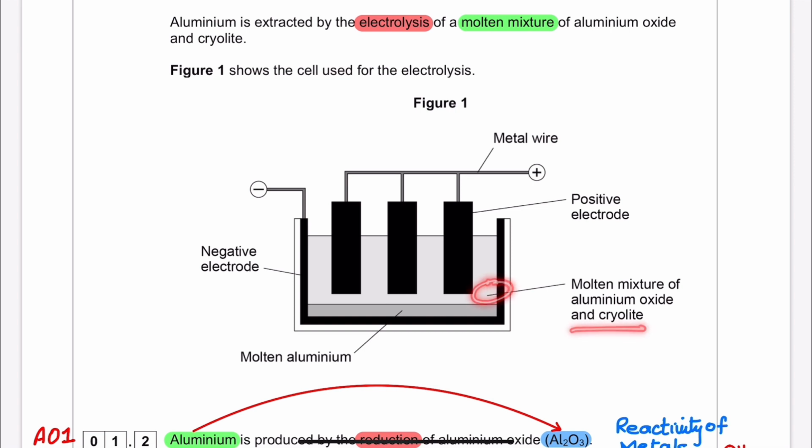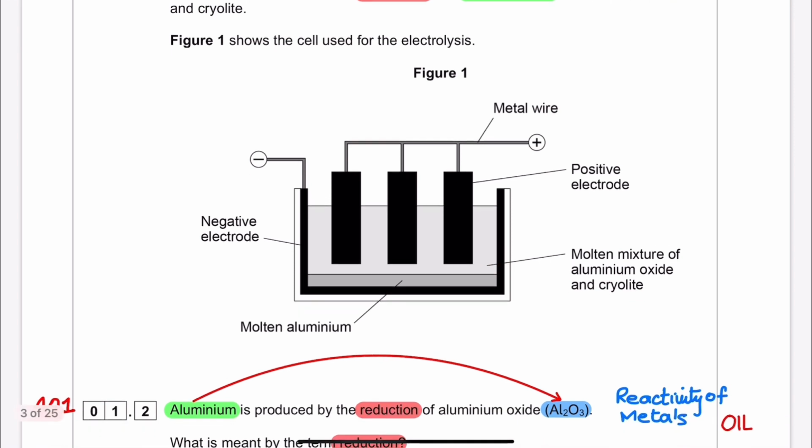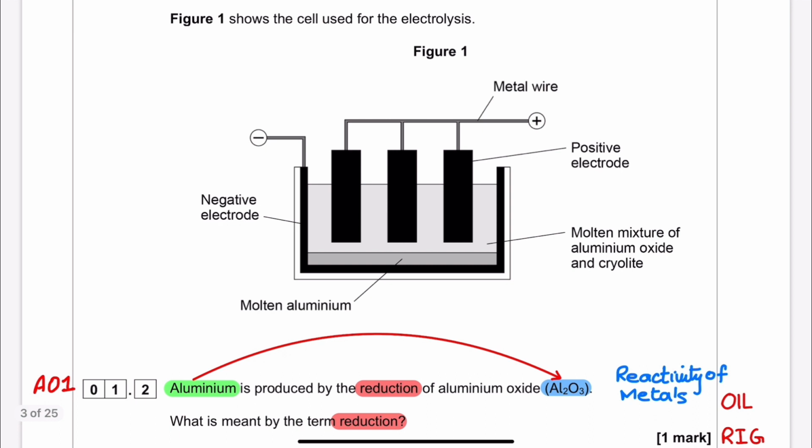The question is: aluminium is produced by the reduction of aluminium oxide. This is aluminium oxide, and the reduction method is used to remove oxygen from aluminium oxide. What is meant by the term reduction?